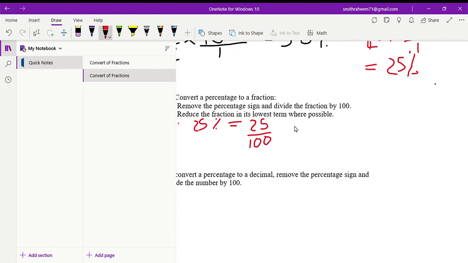And then the second section of it says to reduce the fraction to its lowest term where possible.